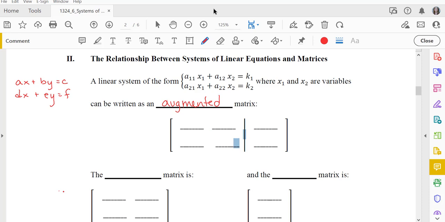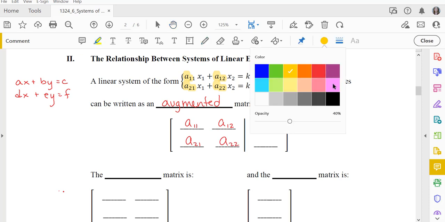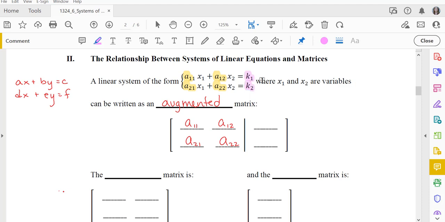We're just going to put the numbers out front of the variables in the matrix here: A11, A12, A21, and A22. And then we're going to put the numbers on the right-hand side of the equal sign over here. So K1, K2.